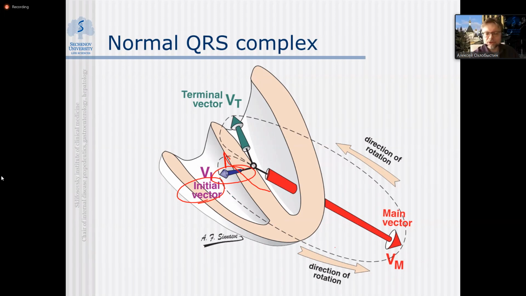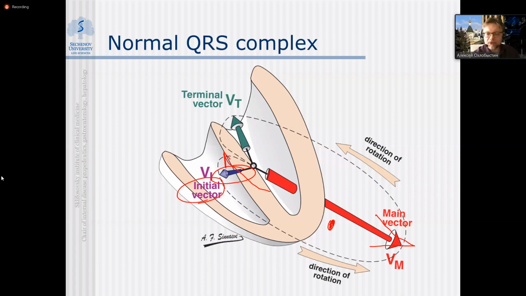Then activation will proceed, and the main vector, the vector of the free wall, will be directed to the apex, more or less coinciding with the anatomical apex of the heart. That may give the highest R wave in the fourth chest lead.